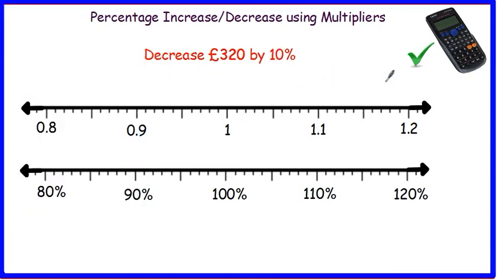Okay, let's look at some decrease. Decrease now goes the opposite direction, and this is one that people find much more difficult to do. So what I'm going to do here is take £320 and multiply it by, there is 100%, take off 10% is 90%. 90% is 0.9, so this is taking away the 10% for me.